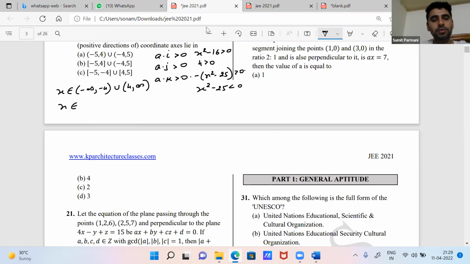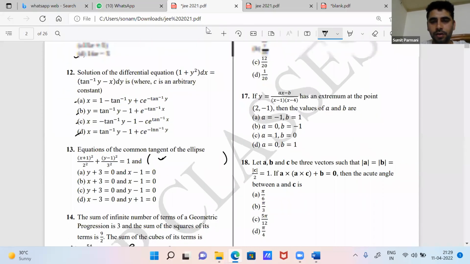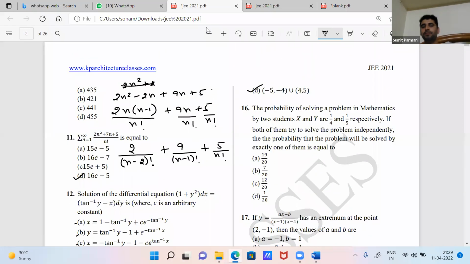So we have x belongs to open interval minus 5 to 5. So the answer is minus 5 to minus 4 union 4 to 5. This is your answer.